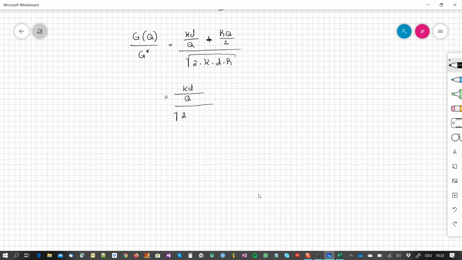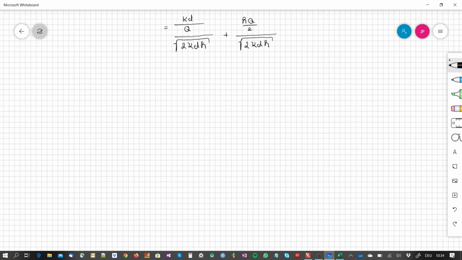So I put them alone on a denominator, then I can work with the two parts, the two terms alone. And now I want to simplify.